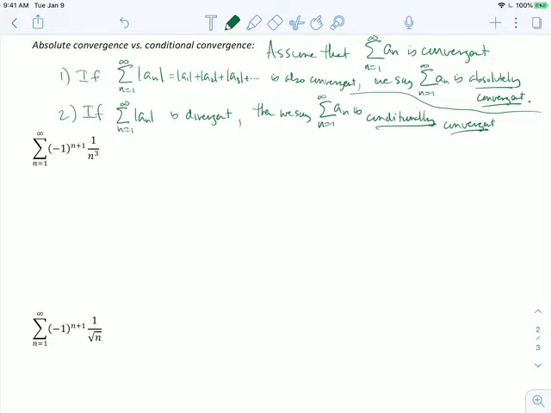So we already have a convergent series, and what we're doing now is taking the absolute values of all the terms and asking, does that series converge? If the answer is yes, then the series we start off with is absolutely convergent. If the answer is no, then the series we start off with is conditionally convergent.